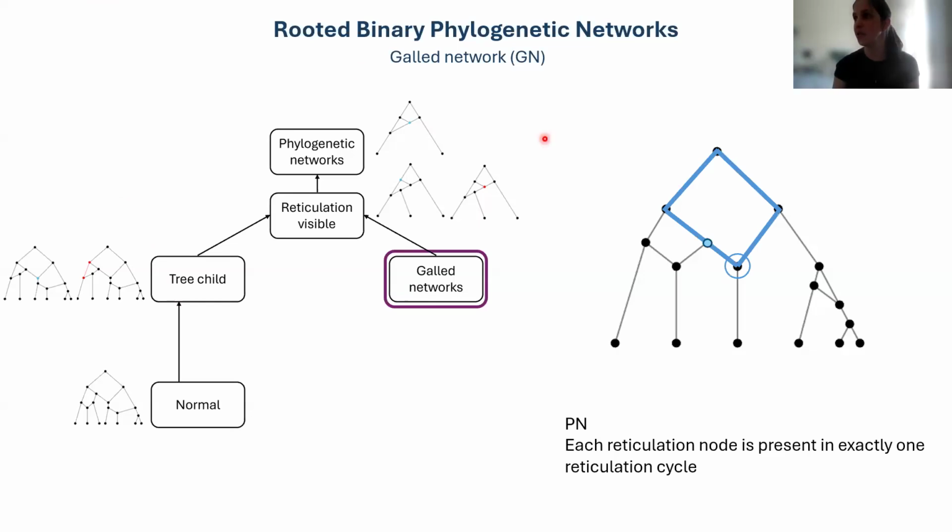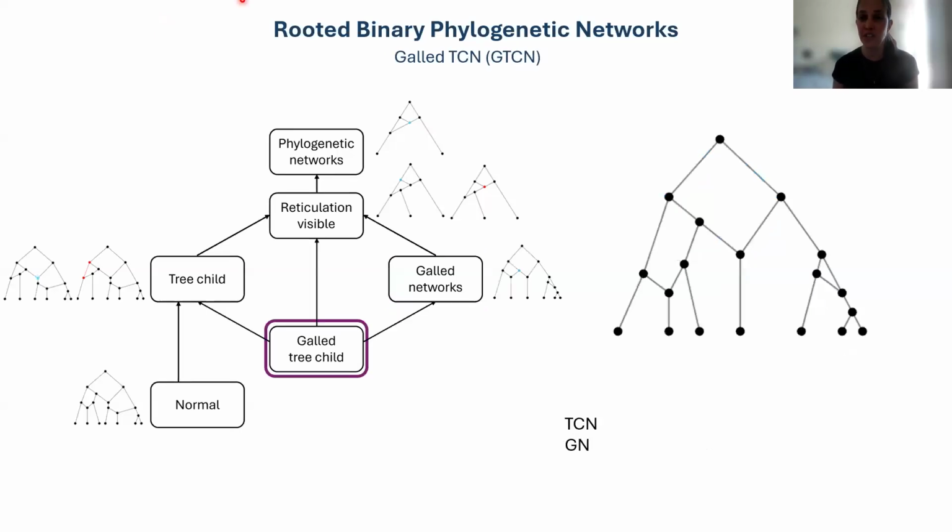So for example, if we look at this light blue node, its two children are reticulation nodes, so this is not a tree-child network. And vice versa, if we look at this tree-child network, then we find that this reticulation node is present in two reticulation cycles. So they're distinct from one another, and this is why people also look at the intersection between these two types of phylogenetic networks, the Gal tree-child networks.